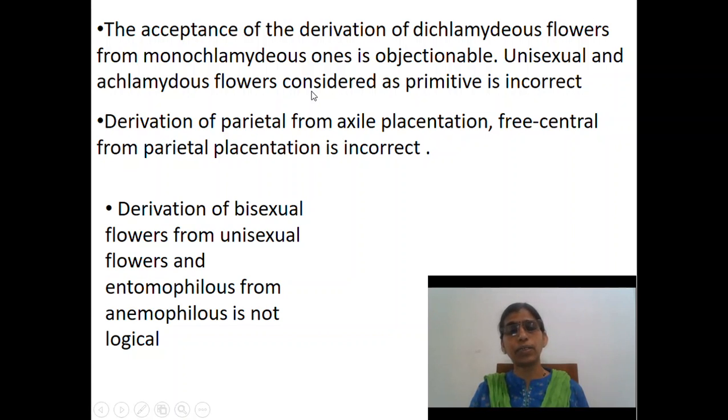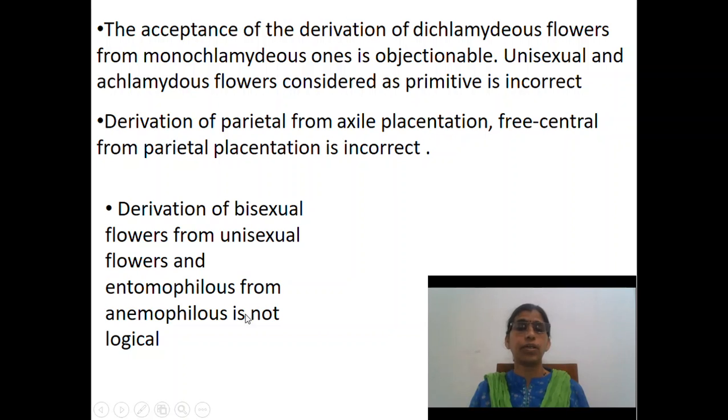The derivation of parietal from axile placentation, and free central from parietal placentation, is also considered to be incorrect. The derivation of bisexual flowers from unisexual flowers, and entomophilous from anemophilous, is not logical.